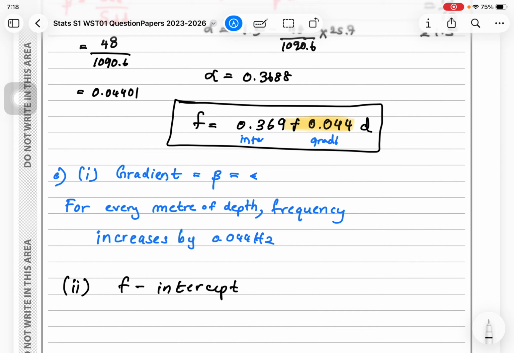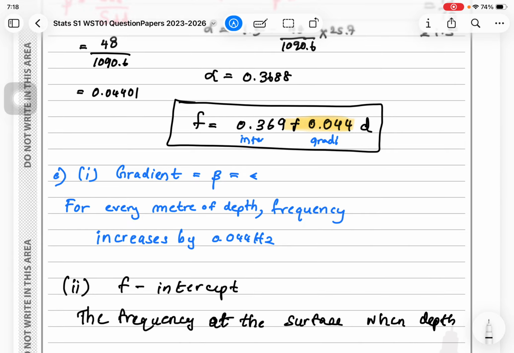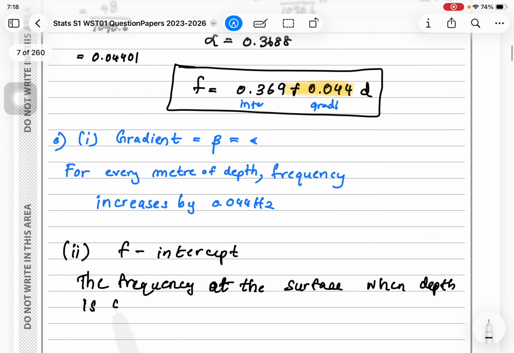So we can write that the frequency of the model at the surface, when depth is 0, is 0.369 kilohertz.